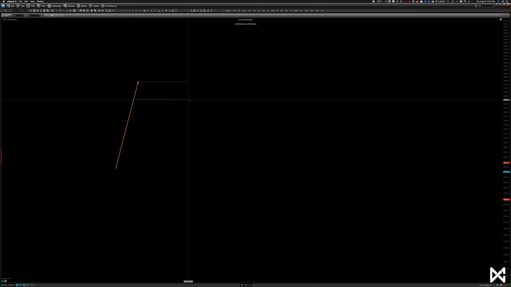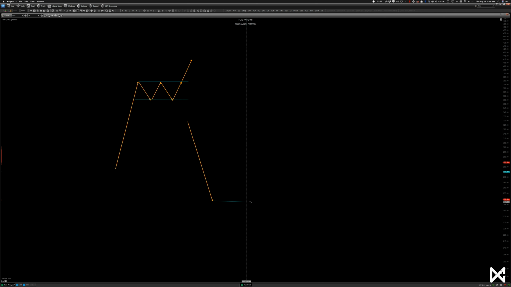A flag would simply look like this, whereas in a triangle pattern the lines are obviously slanted. With a flag, they're parallel to each other. And eventually, it typically would break out to the upside as a continuation play. So that's one example of a flag. Now let's draw out the same thing from the bottom point of view. So that's a bullish flag.